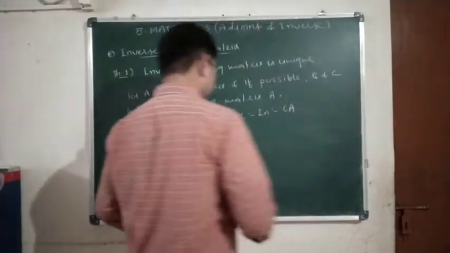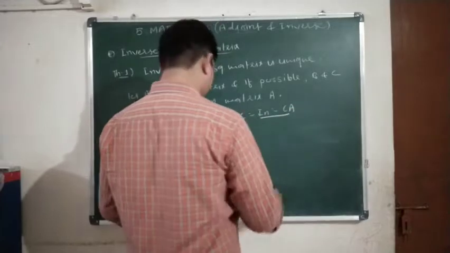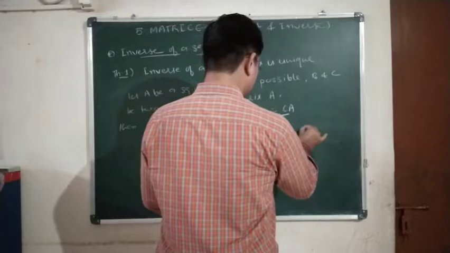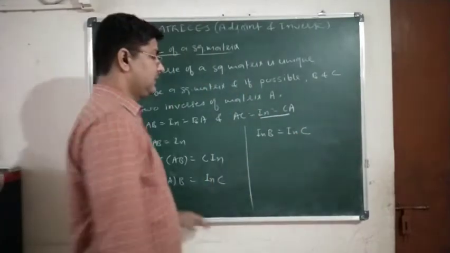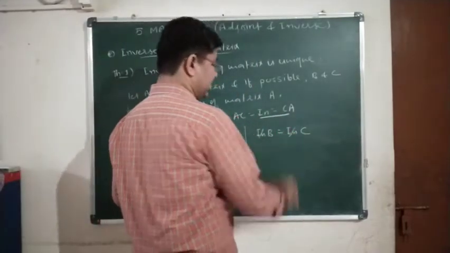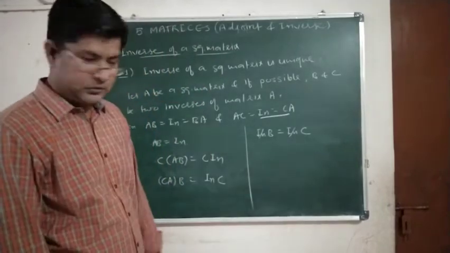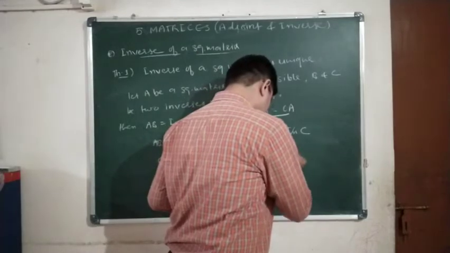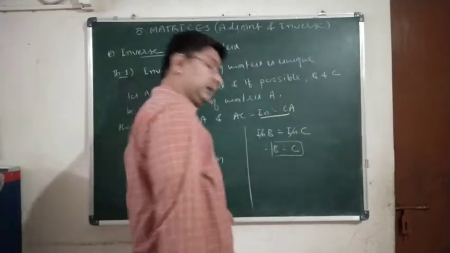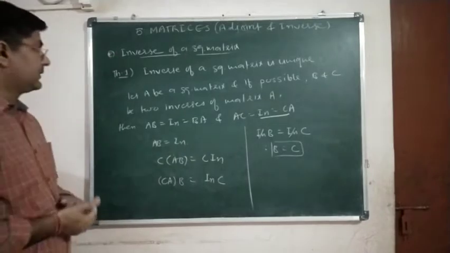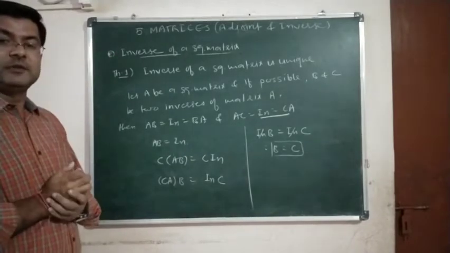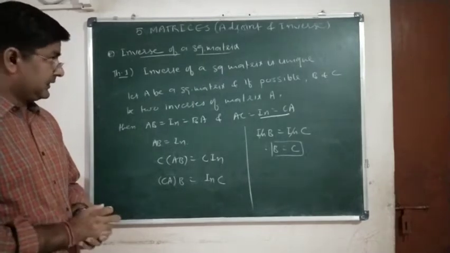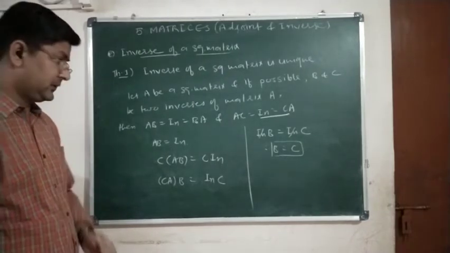Again CA, what is CA? CA is equal to In. So we can write here In into B is equal to In into C. This In being a non-zero unit matrix, we can cancel it, and therefore we will get B is equal to C. So this is a theorem which we will remember, that the inverse of a square matrix is unique.